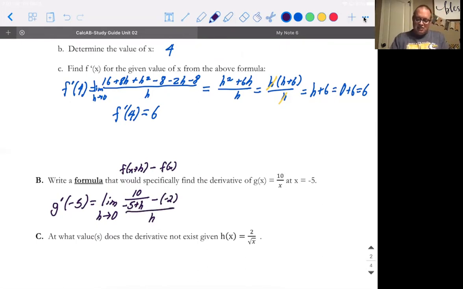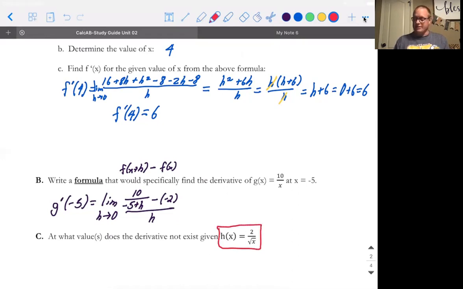And the last thing to just kind of talk about here is, is it possible not to have a derivative? Well, the answer is yes. So if we take a look at the study guide problem, here's h of x equals 2 over the square root of x. So you can't have change on something that doesn't exist. So we have to look at h of x right here and go, okay, are there any values of x that don't work?